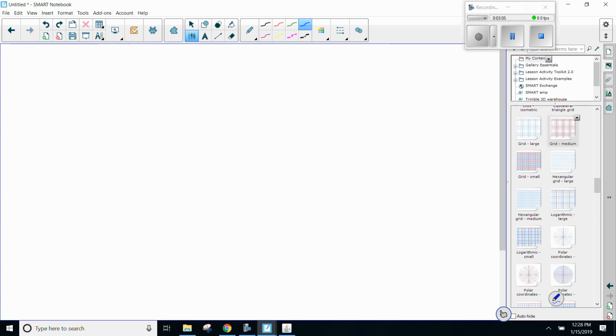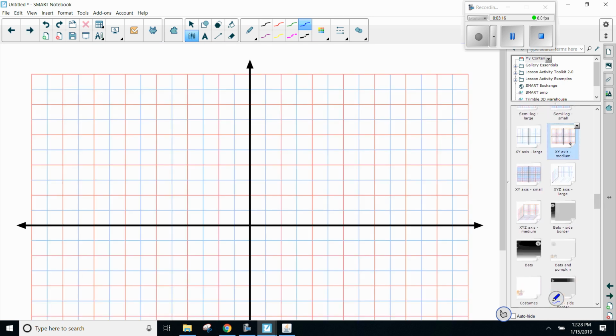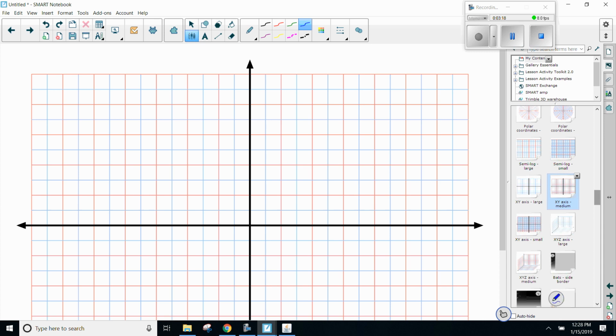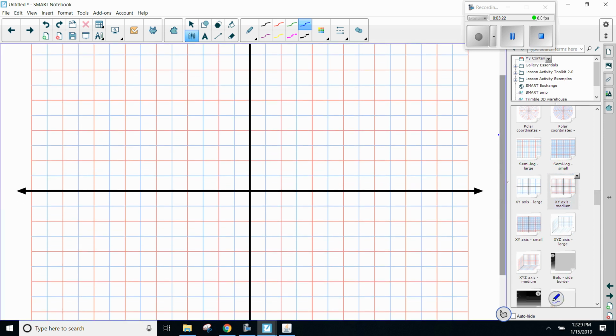So next is number 13. I think I went this grid for this one. Okay, what's this one going to say?